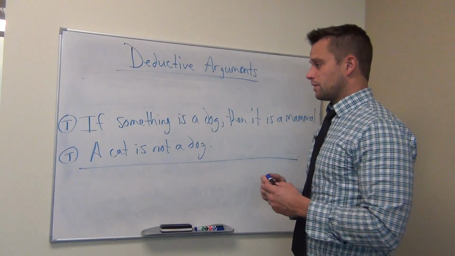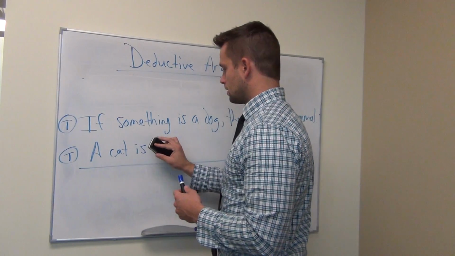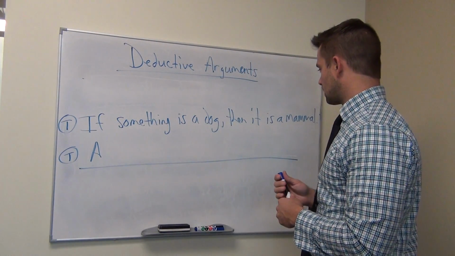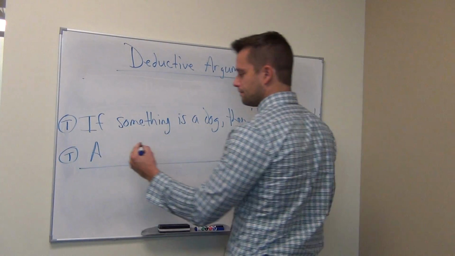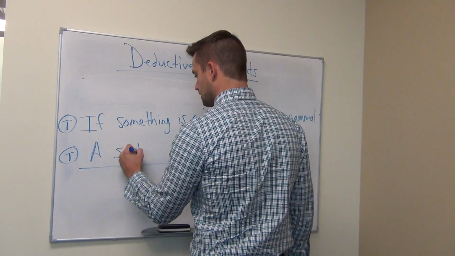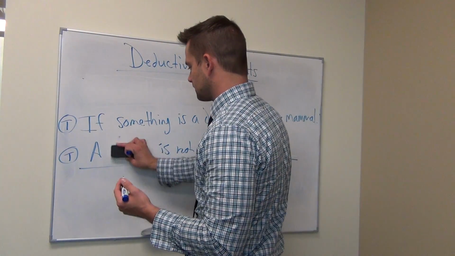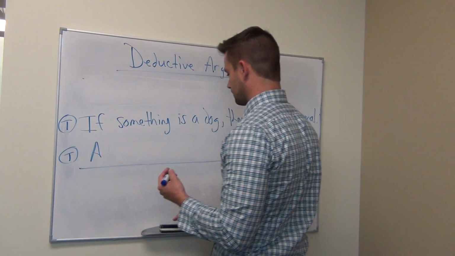Let's change it back to modus tollens. And we'll use something that's true. If something is a dog, then it is a mammal. A snake is not a mammal. Or we could use something else here. Let's see. What do we want to say?